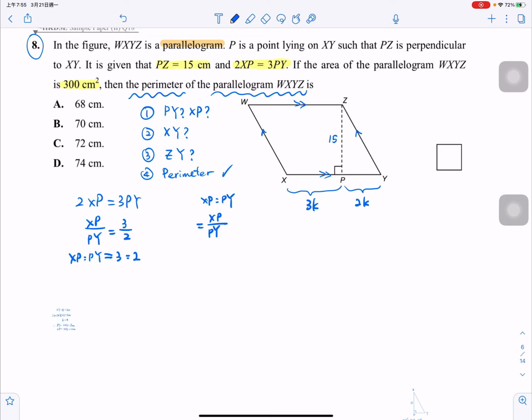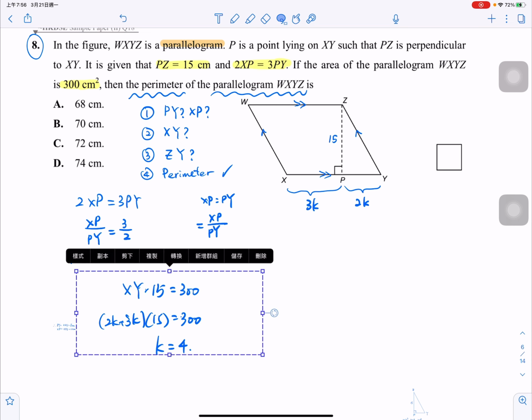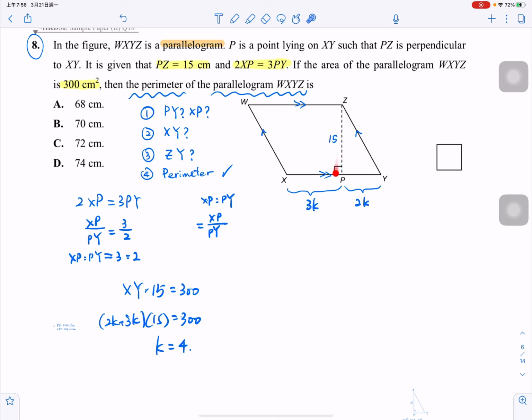Can you find XY? Now we know the ratio, not yet the length. By using 300, XY times 15 equals 300, right?